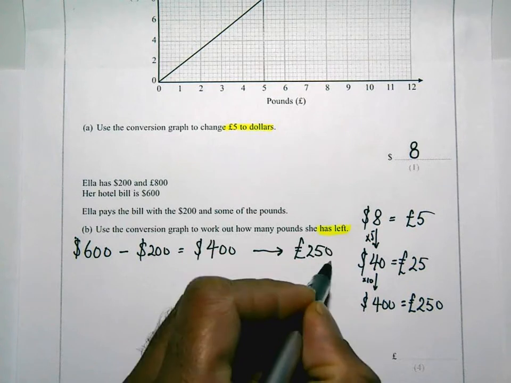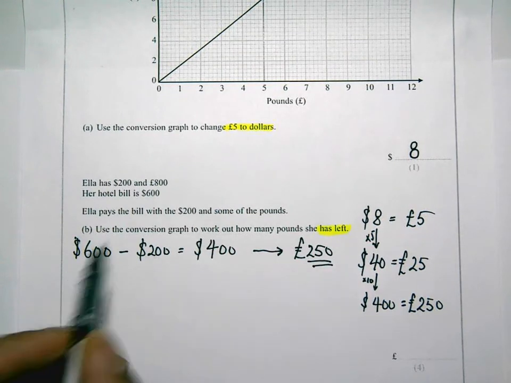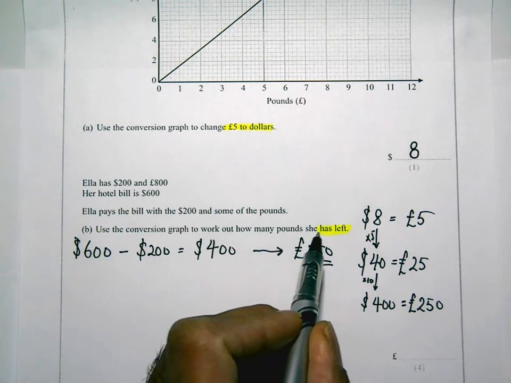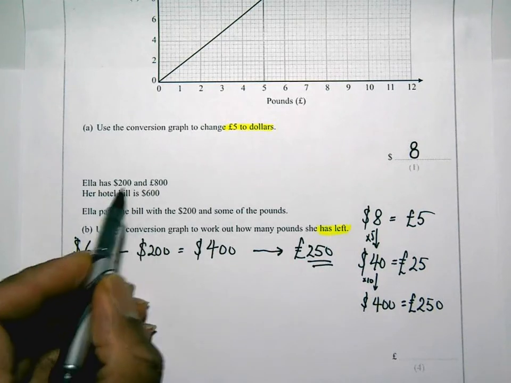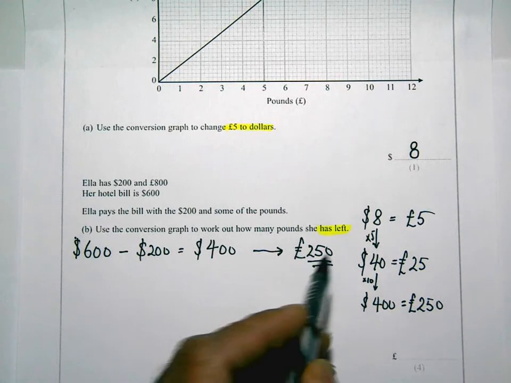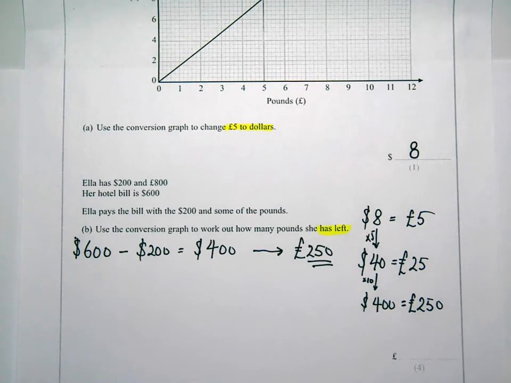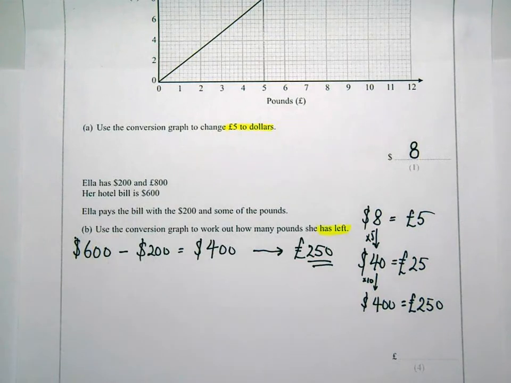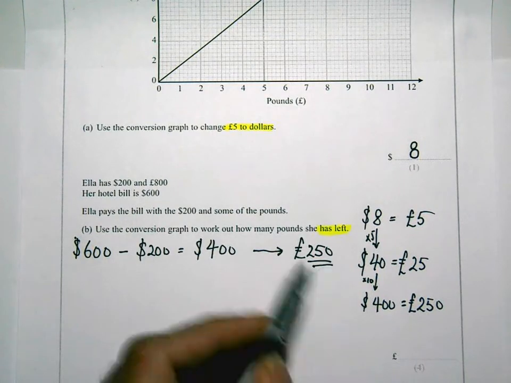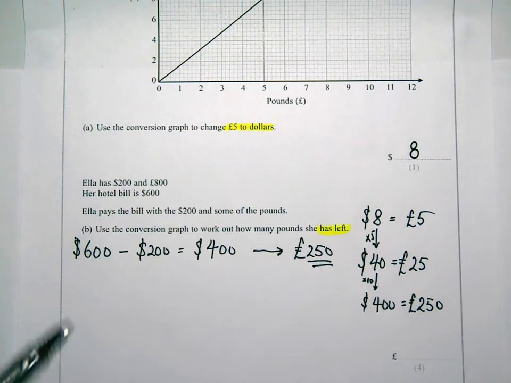Use the conversion graph to work out how many pounds she has left. Well, she's going to pay $200 and she's going to pay £250 to cover her $600 hotel bill. If she pays £250, how many pounds has she got left? Well, she had 800 to begin with.